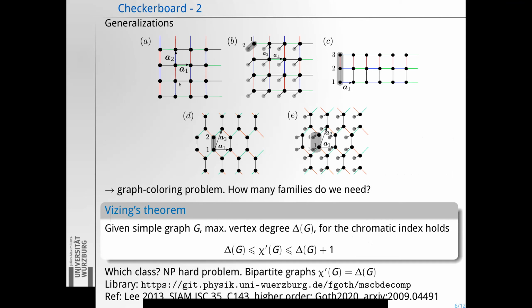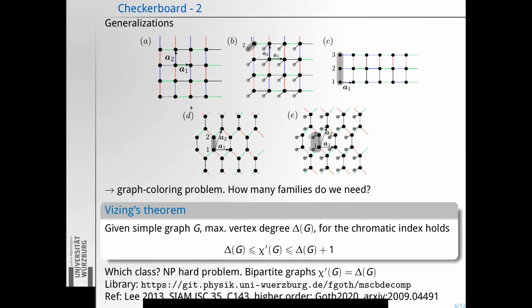Here, the families have been denoted by colors. So all red bonds will be in one family, all green bonds in one family, all blue bonds in one family, and all black bonds in one family. A similar construction also holds for the Honeycomb lattice down here.